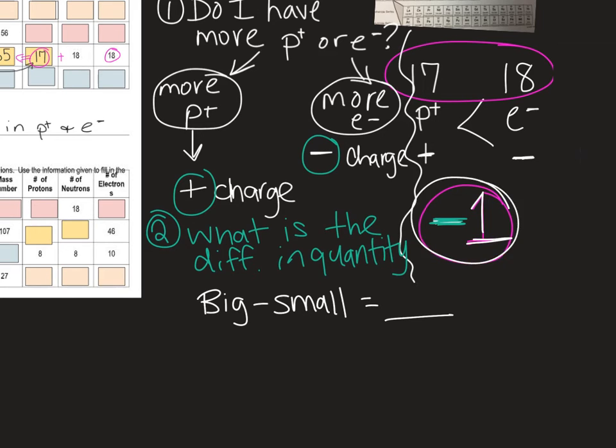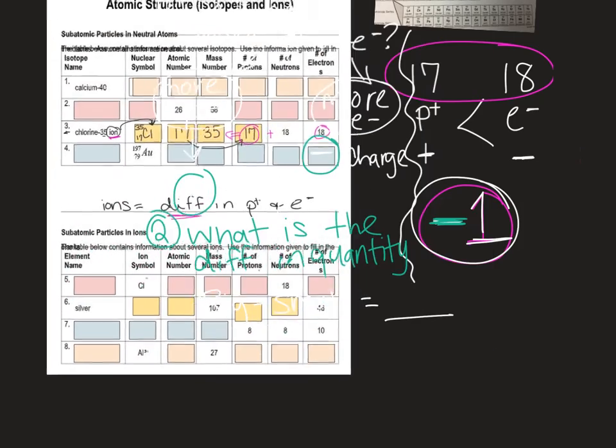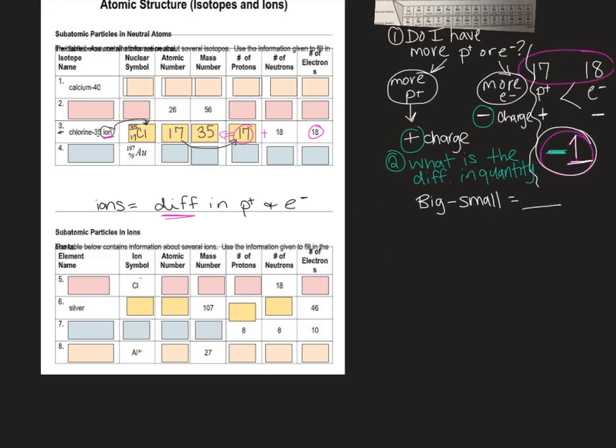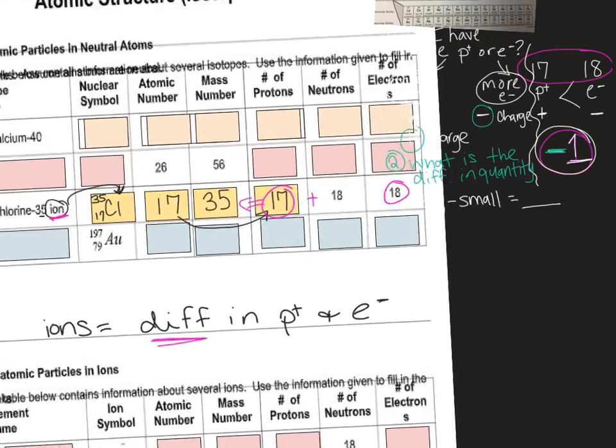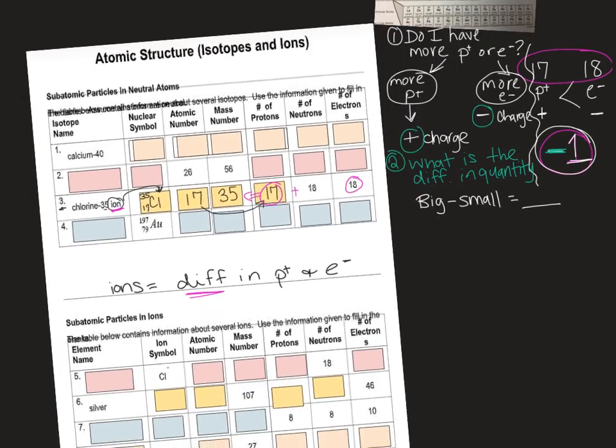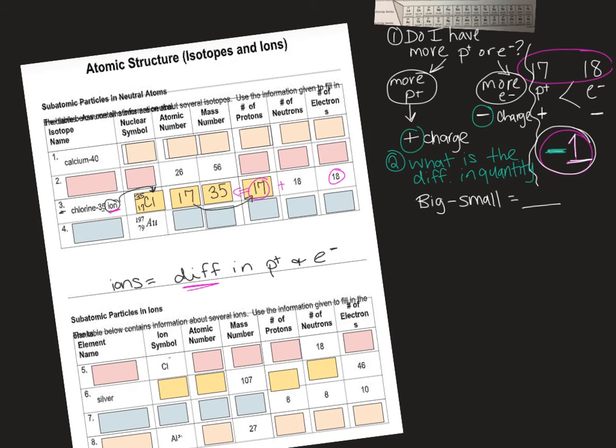So once you've established what your charge is, you're going to take that number and throw it up in that corner. Once you figure that out, this number right here is going to come over to your nuclear symbol, and you're going to put a -1.